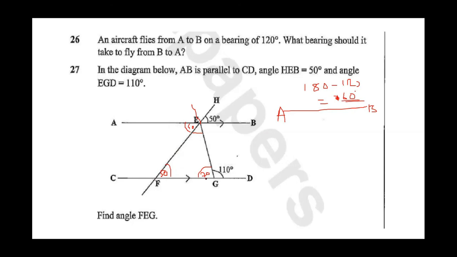So 70 plus 50: 7 plus 5 is 12, so 120. So 180 minus 120, we are simply saying this angle here is 60 degrees. It's just 60 degrees.